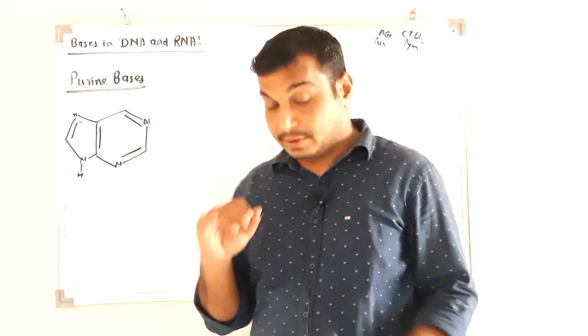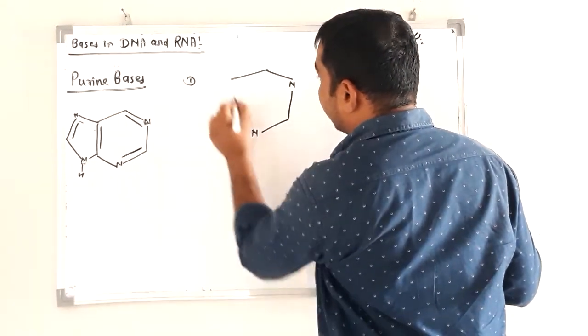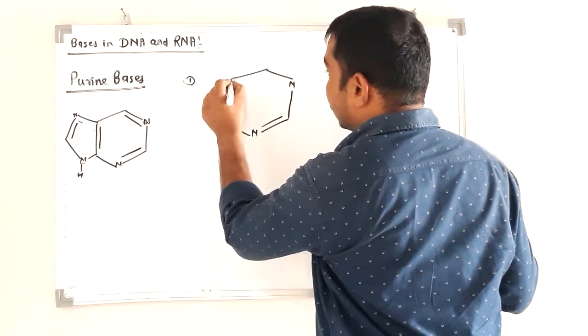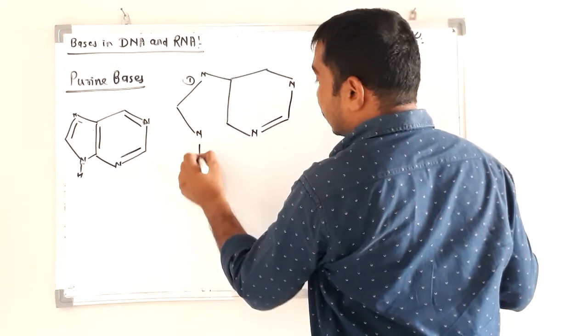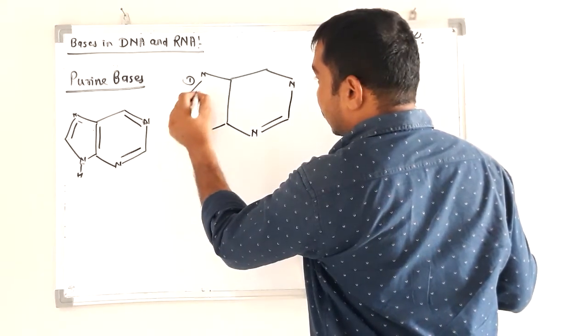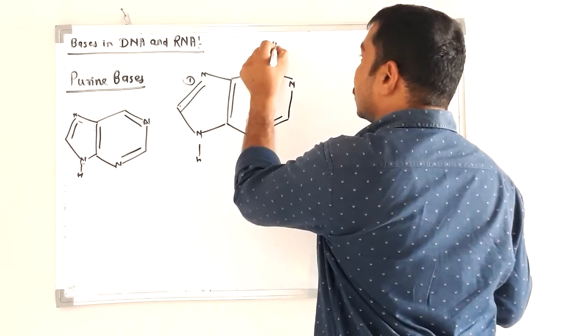One is adenine, and the structure is this, with NH2.